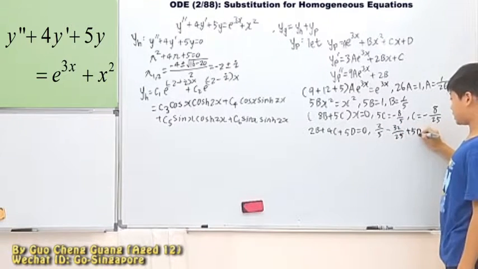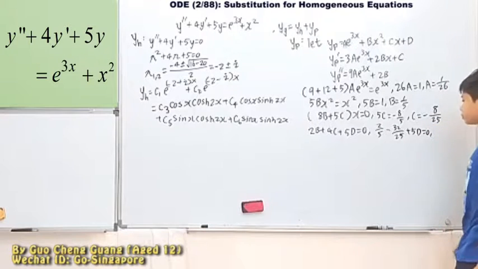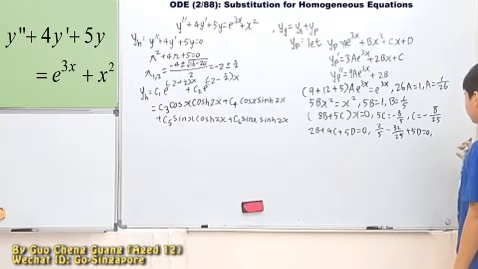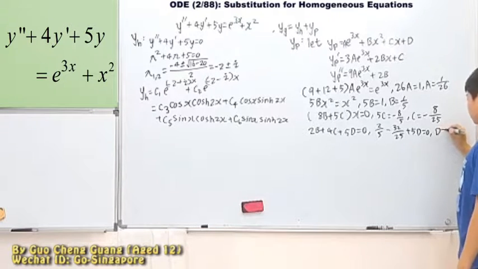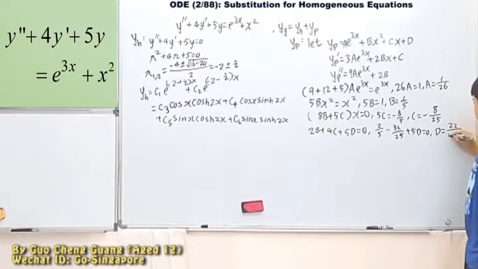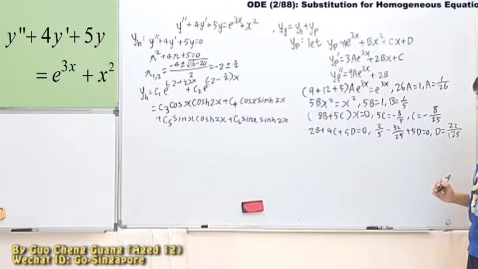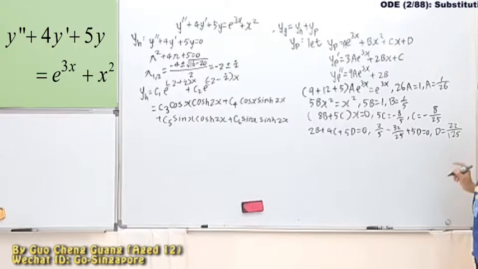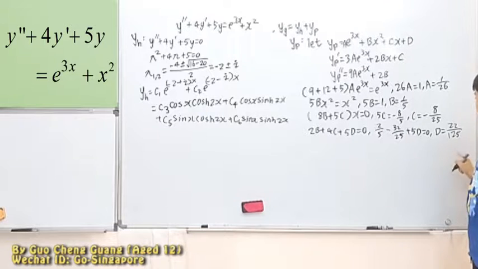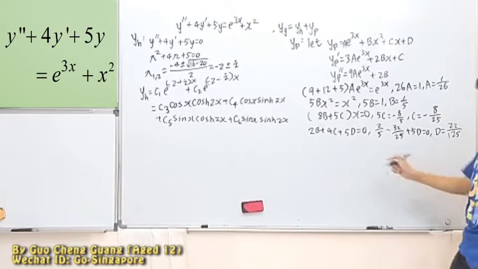Then plus 5d, and this is 0. So this is what you should get. 22 over, let me just think. Yeah, I think this is right. Okay, so this is what you should get.